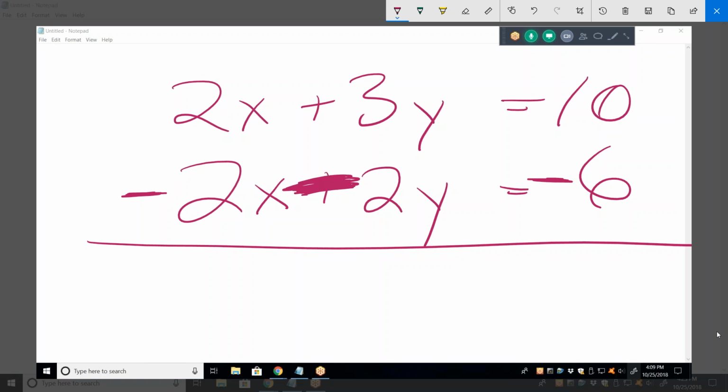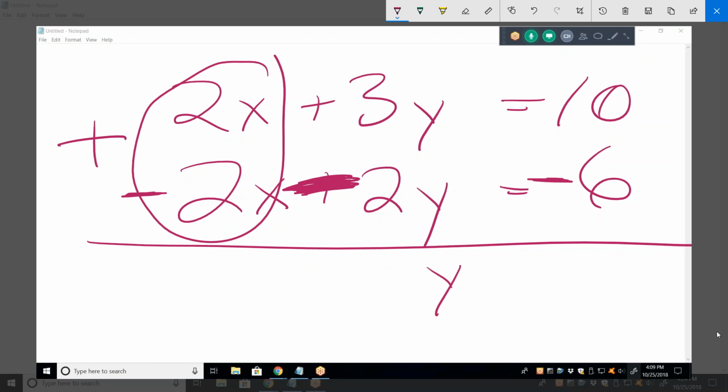So I'm going to add everything. Well, those get eliminated. This becomes y equal 4. So I get the same answer. It's just that most people are a lot more comfortable with addition than they are subtraction.